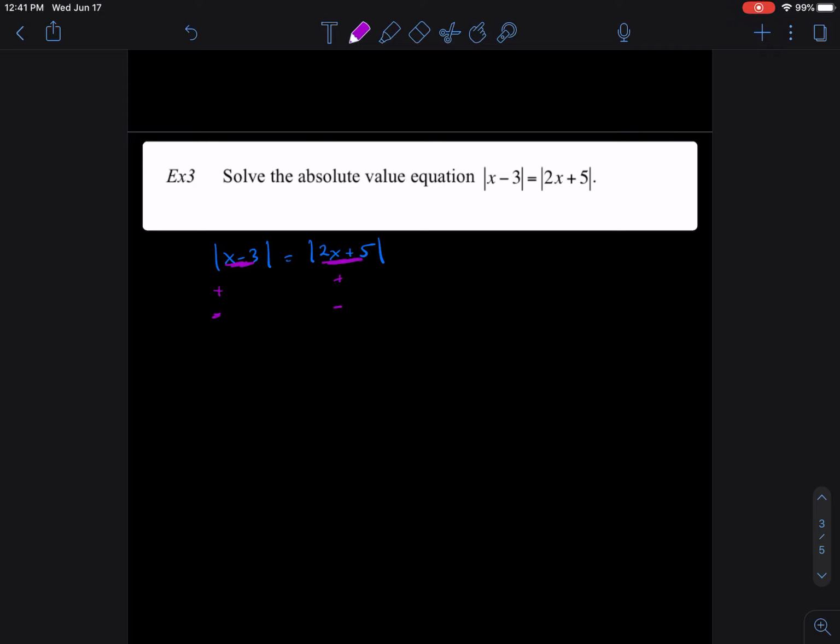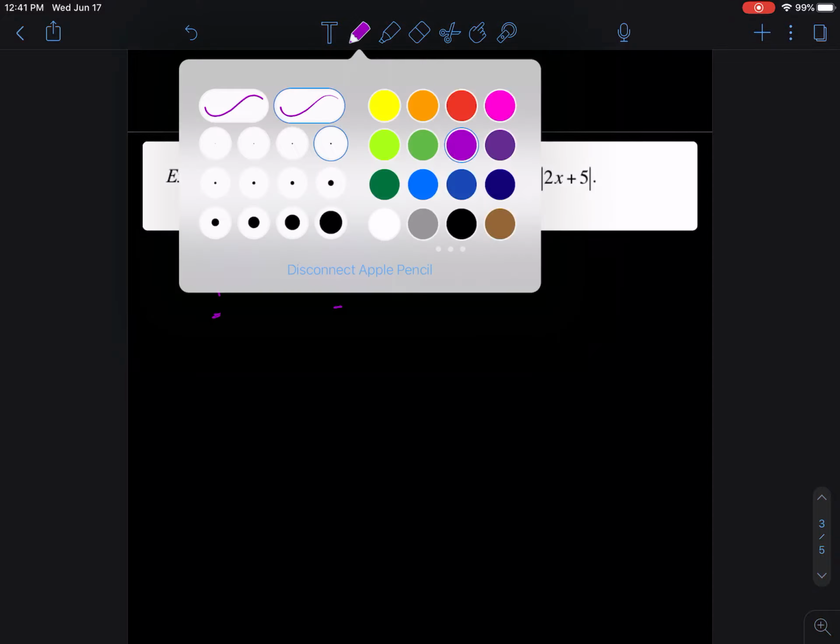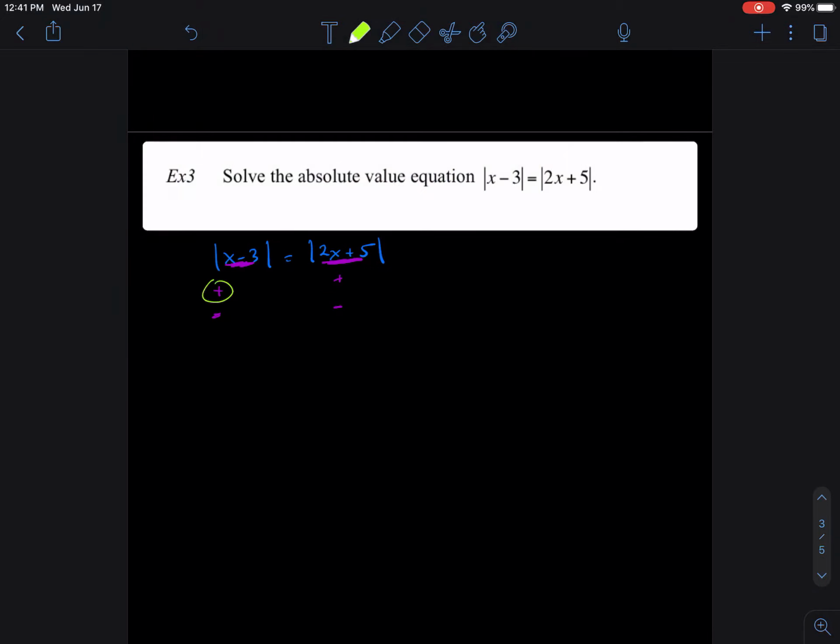So we have either this positive and positive, or positive and negative scenario. Either the left side is positive and the right side is positive, or the left side is positive and the right side is negative.